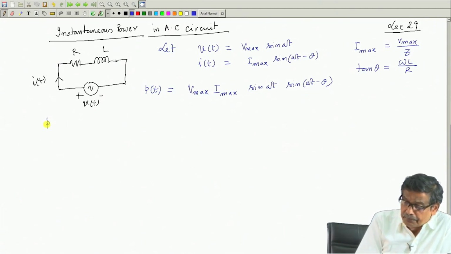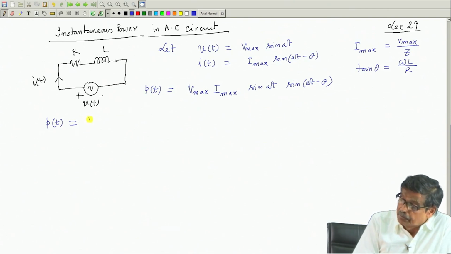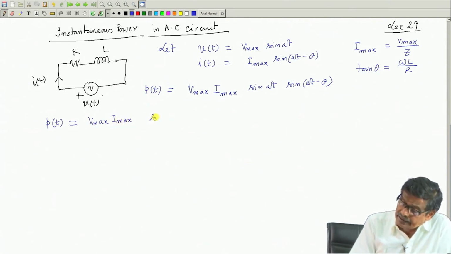Now you see what I am doing. This instantaneous power p(t) will be equal to V max I max, and this is sin omega t.